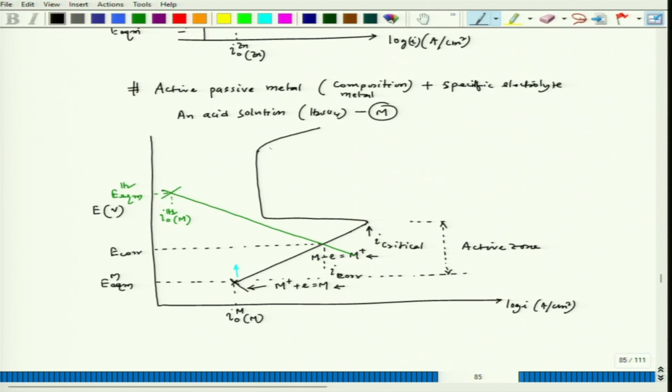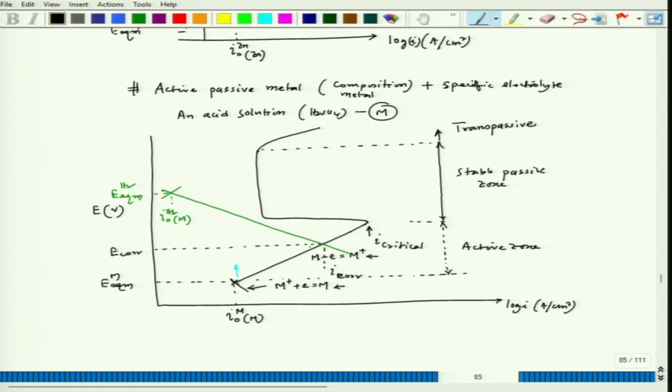And the next part till transpassive zone starts, that zone is called stable passive zone. We will see later, that is the zone where we can also term it as protection zone. And beyond that we have transpassive. Okay.